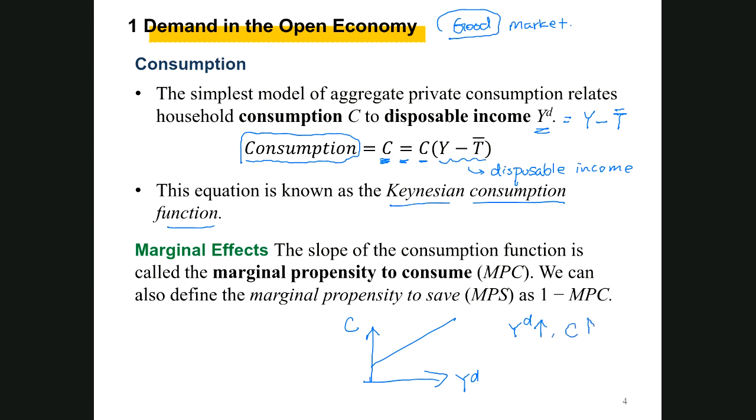And the slope of this line is called the marginal propensity to consume. Some of you might already have learned this in undergraduate macroeconomics. So what does it mean? If my disposable income increases 1%, my consumption will increase.